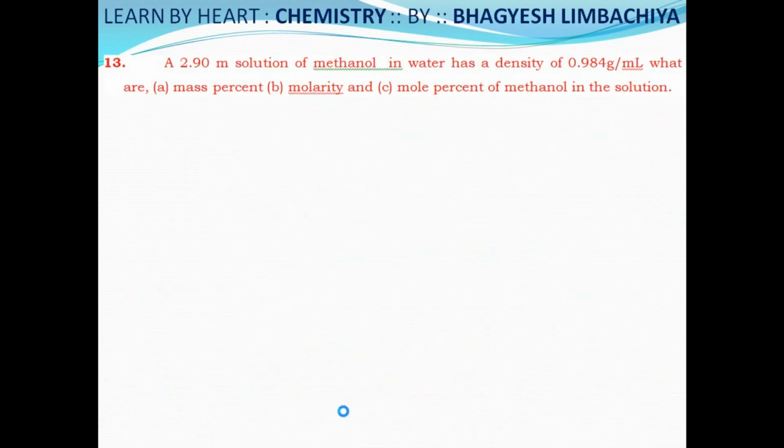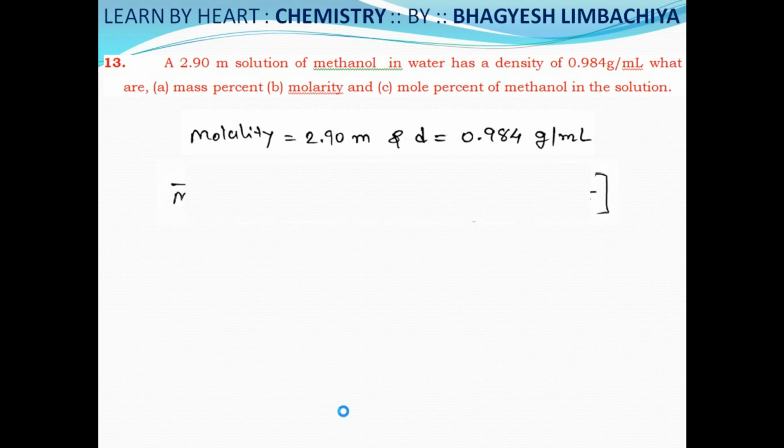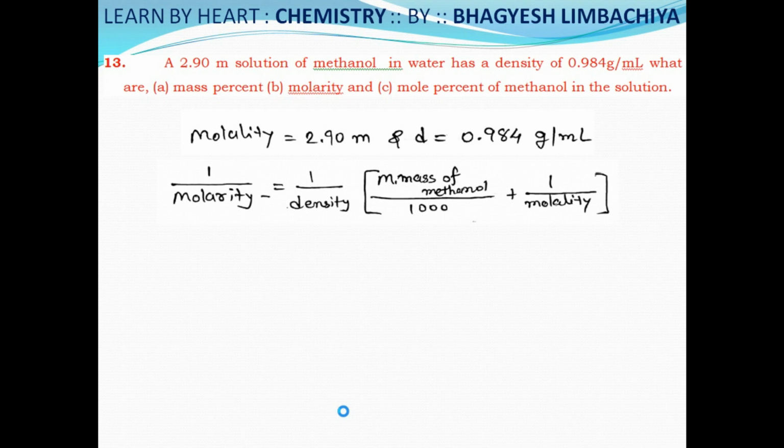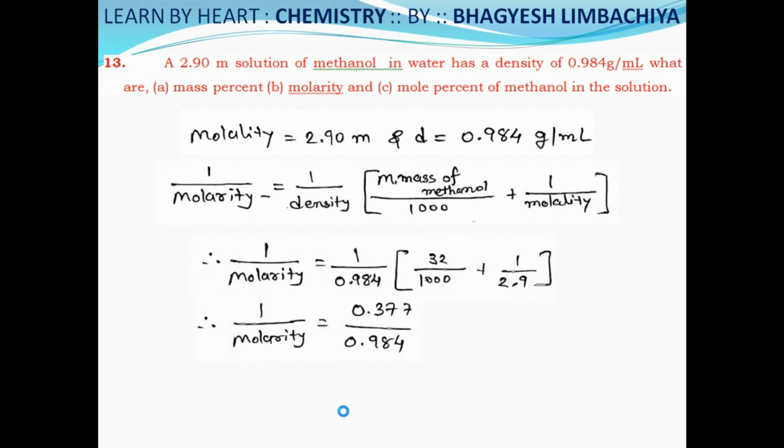2.90 molar methanol in water is given to you with density. Then you are asked the mass percent, molality, and the mole percent. See, first of all, molarity is 2.90 molar and density is given to you. So by using the given formula, we can calculate the molality, and it is 2.6 molar. This one is our first answer.